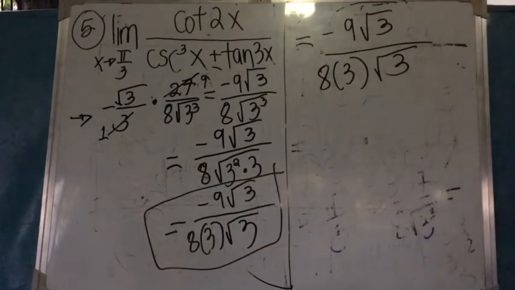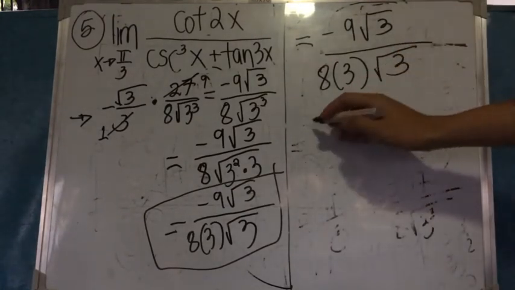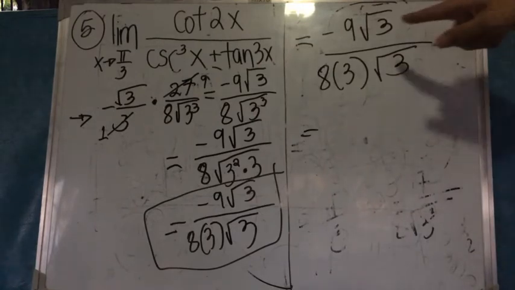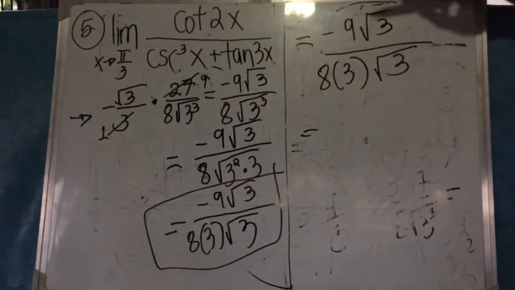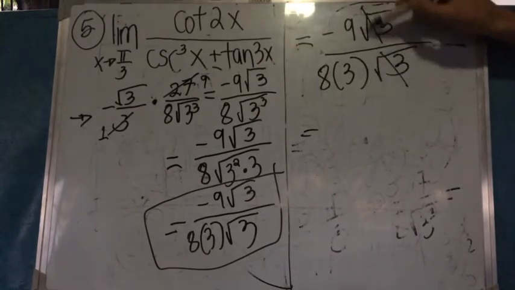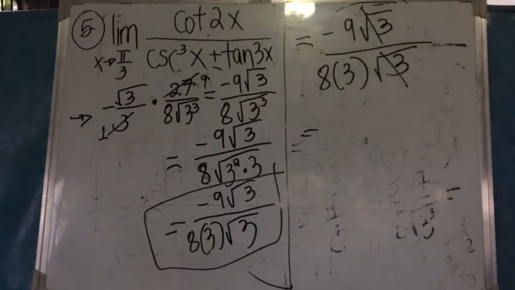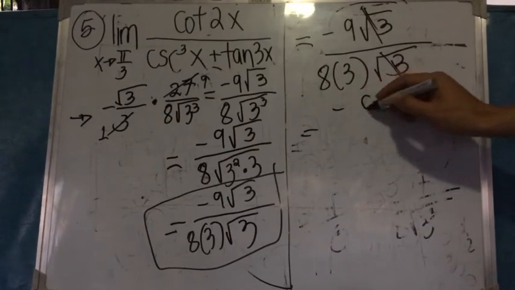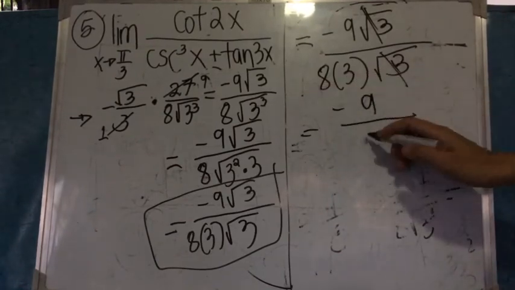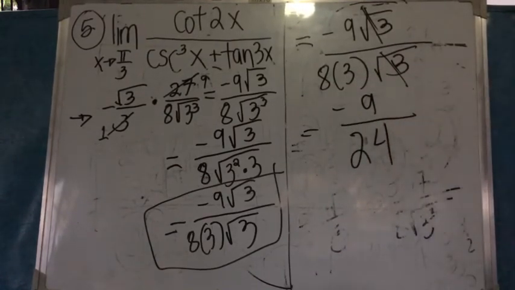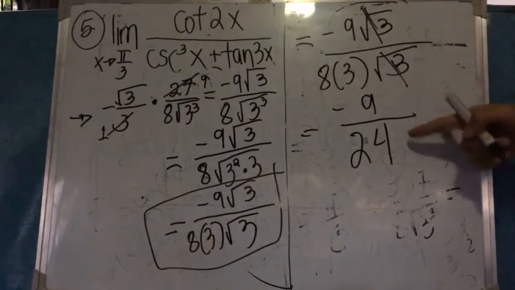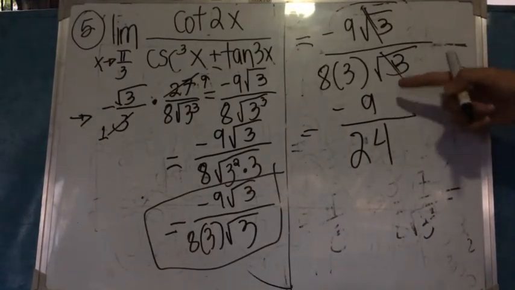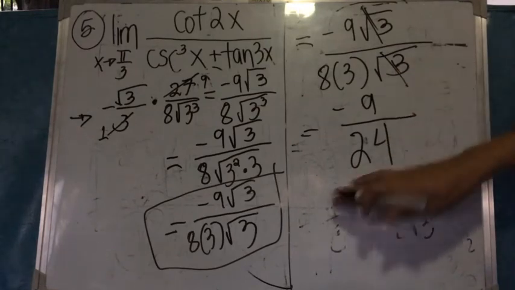So how does it go? As you can observe, square root of 3 divided by square root of 3, we can cancel that one because we have multiplication as the operation. So cancel it out. What remains now is negative 9 over 8 times 3, that is 24. Very obvious, we can still find the simplest form of this number.